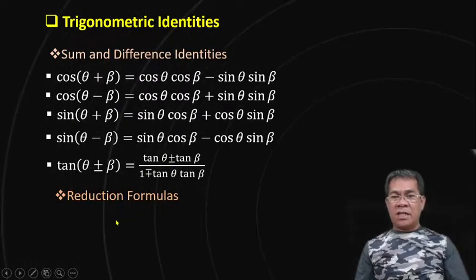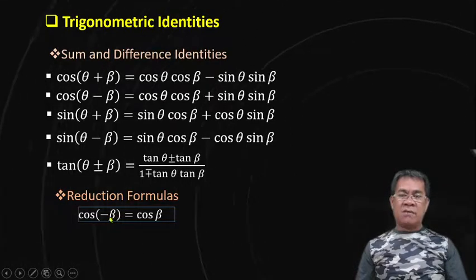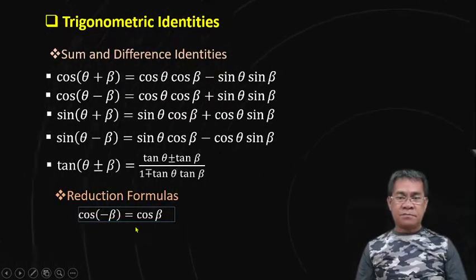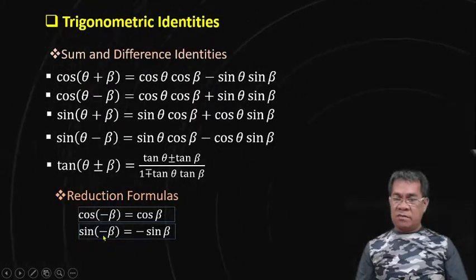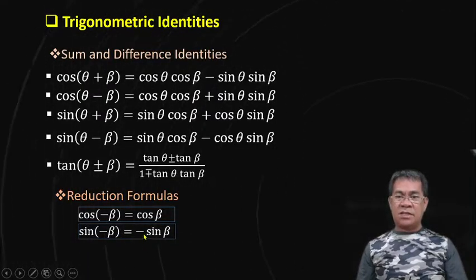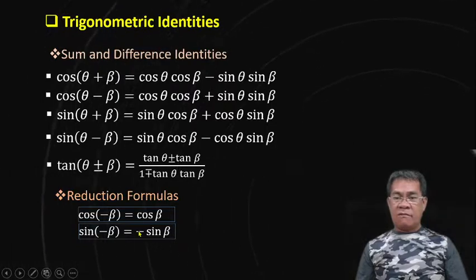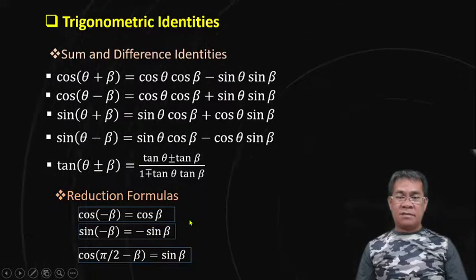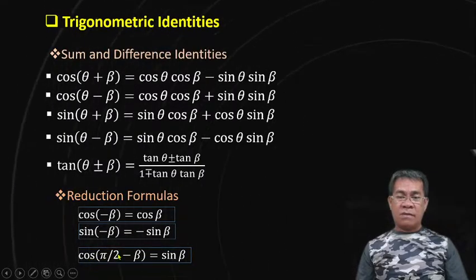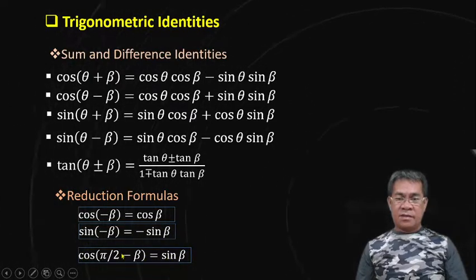And the reduction formulas: the cosine of negative beta is just equal to the cosine of positive beta. The sine of a negative angle is just the negative of the sine of the positive angle beta. So the complement of this cosine is sine beta.